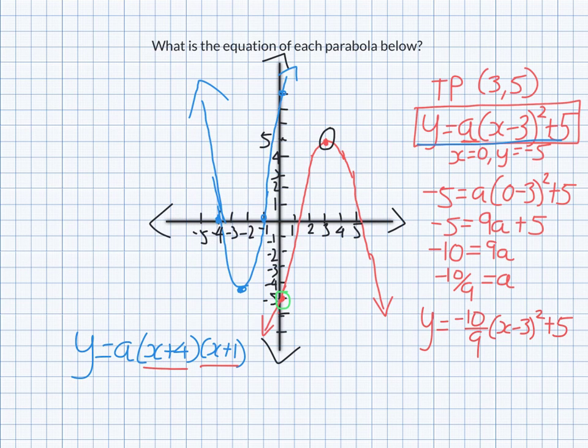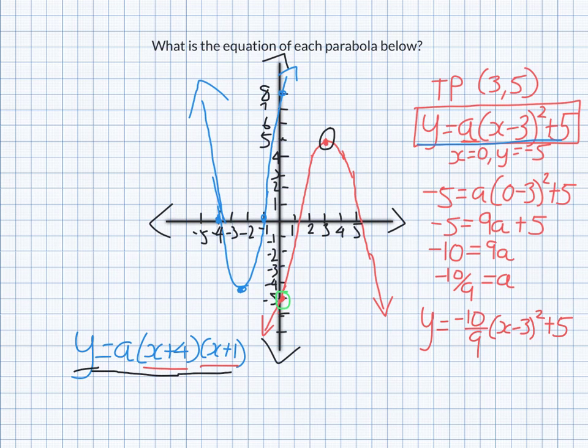So if you know the two x-intercepts of a parabola, the equation will be in the form y equals a times x minus the first intercept times x minus the second intercept. So once again, I want to find what a is. So I have another point marked up here because this is going up by 1. The y-intercept is 8.